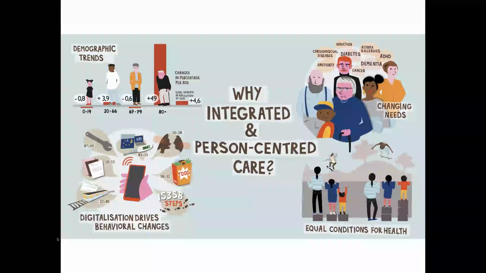For us here, we will have a 49% increase actually of 80 plus in only 6 years by 2030. We will also have multi-diseases going on, of course, as we get older. We're also living in a digitalization era where we are getting used to digital tools in a way that's going very fast.